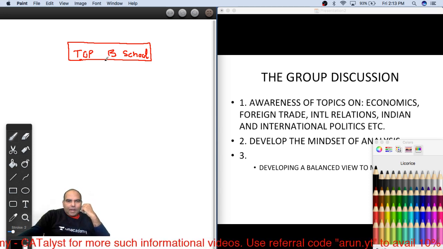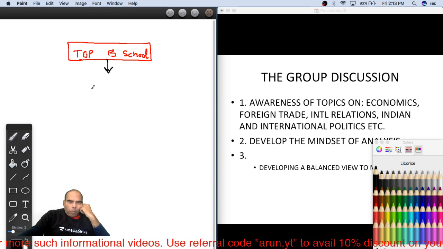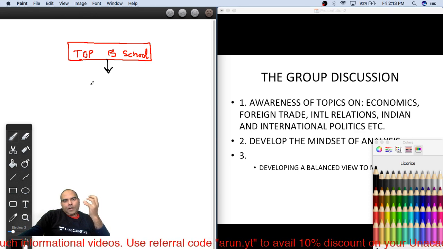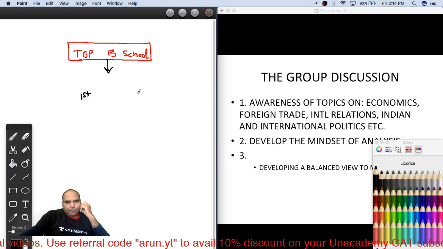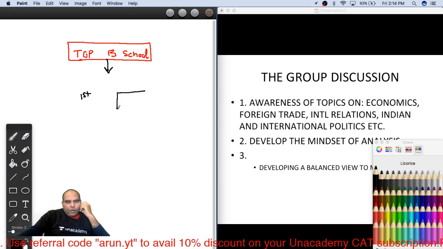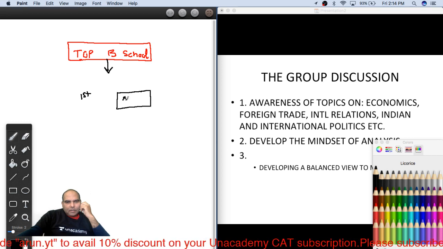So anyway, coming back, any top B school essentially looks at 2-3 things. First, it is going to offer you one of the 300, 400, 500 seats it has.